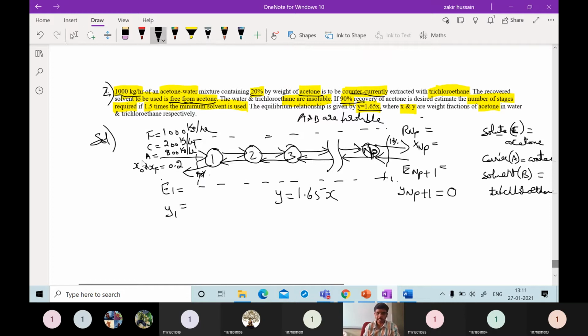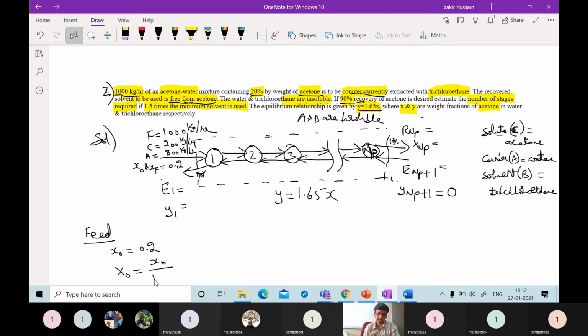So what is x naught in the feed side? In the feed stream, x naught is equal to 0.2. This is a weight fraction, so we have to convert it into weight ratios. How can we convert?